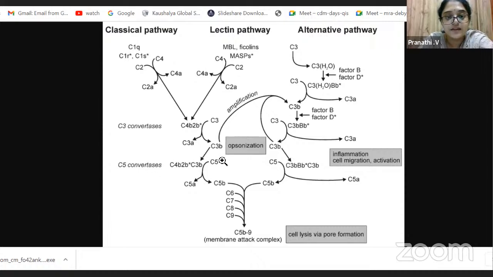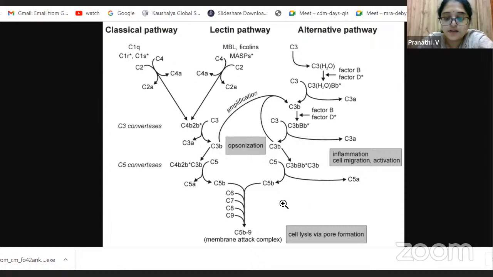Then you have C5b, which initiates the terminal pathway of complement activation, wherein additional complement proteins interact with the C5b that is formed to create a membrane attack complex on the pathogen surface. All of them form the membrane attack complex.